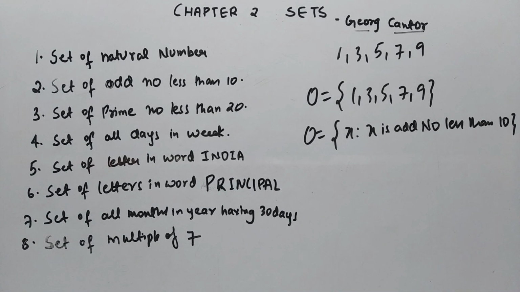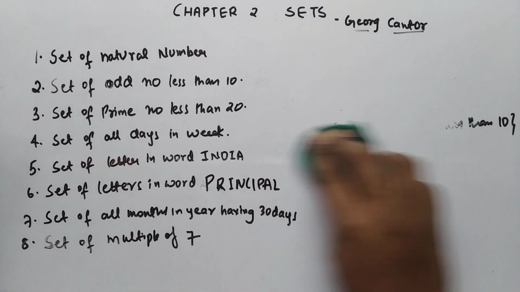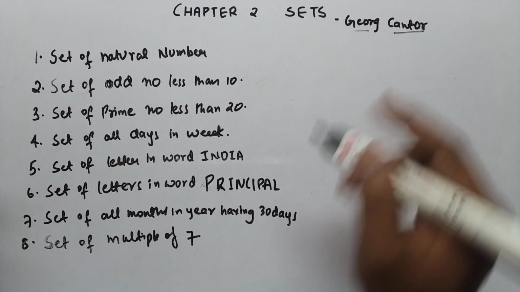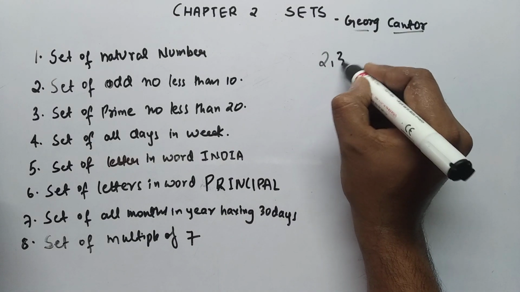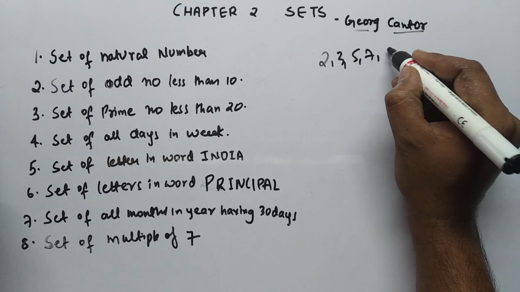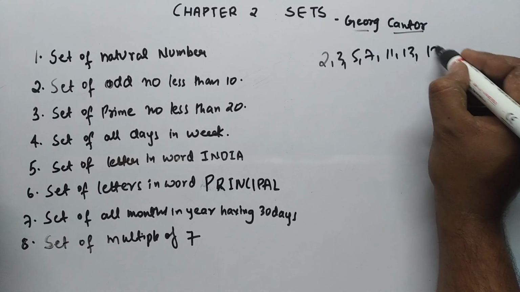Next, you need to write the set of prime numbers less than 20. First let me write the prime numbers less than 20: 2, 3, 5, 7, 11, 13, 17, 19.